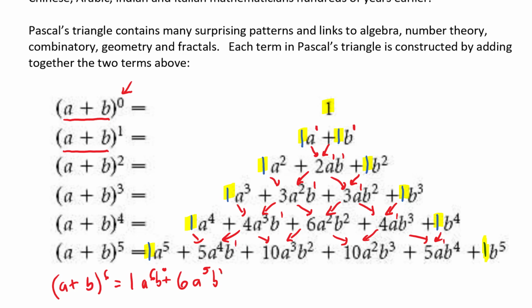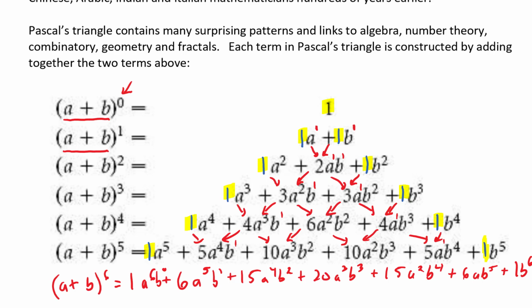On the next level, 5 plus 10 is 15, plus 15, a to the 4, b squared, and then 10 plus 10 is 20, plus 20, a cubed, b cubed, plus 10 plus 5 is 15, 15, a squared, b to the 4, plus 6, a, b to the 5, and finally plus 1, b to the 6. So here you can see Pascal's triangle is a quick way to get the coefficients in front of these variables.